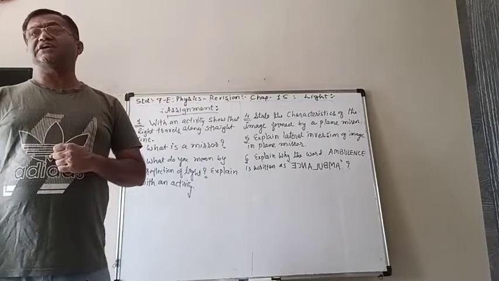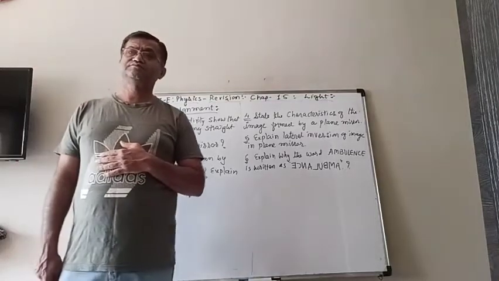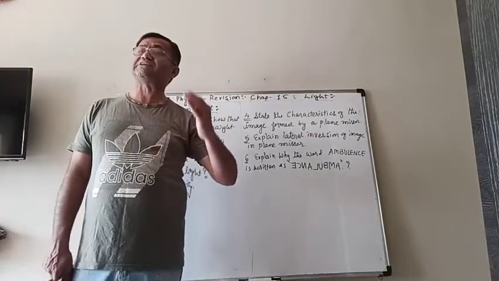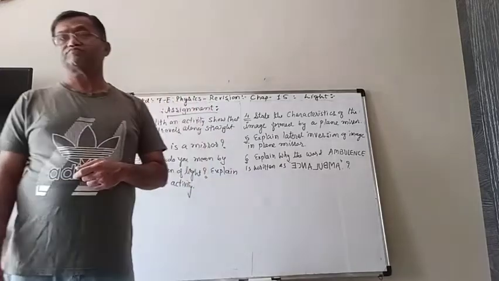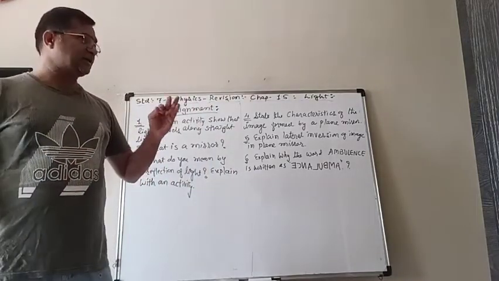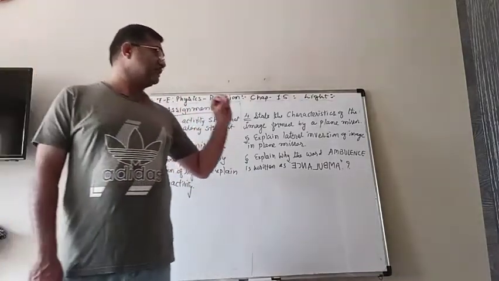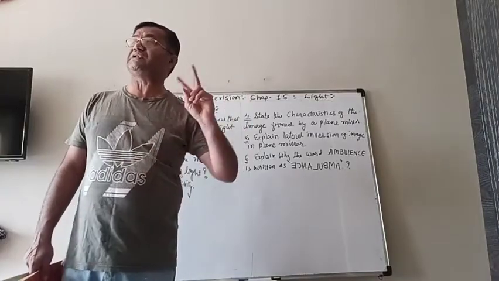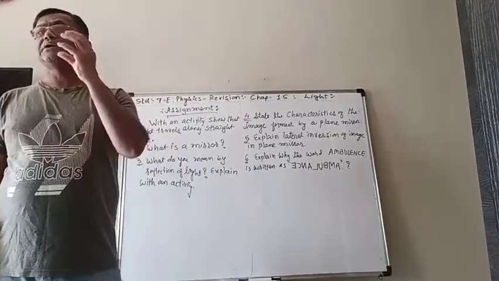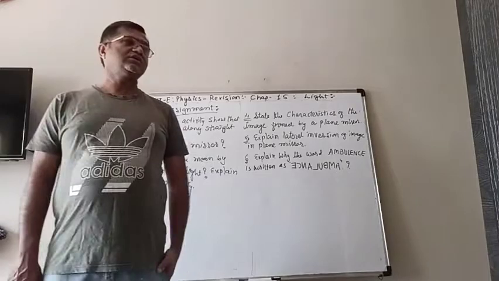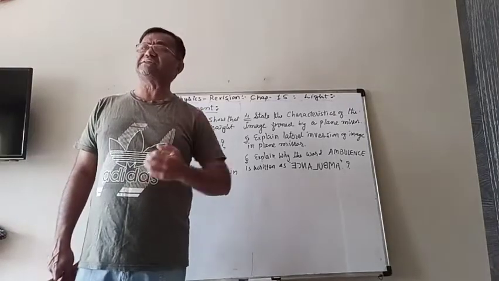And one last thing you observe, that your image is laterally inverted. That is the last characteristic, that lateral inversion can be observed. So now what is this lateral inversion?